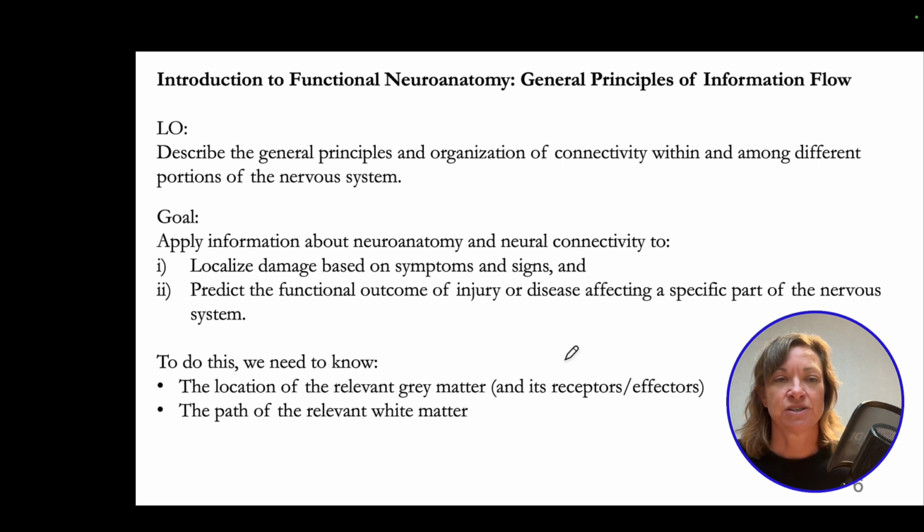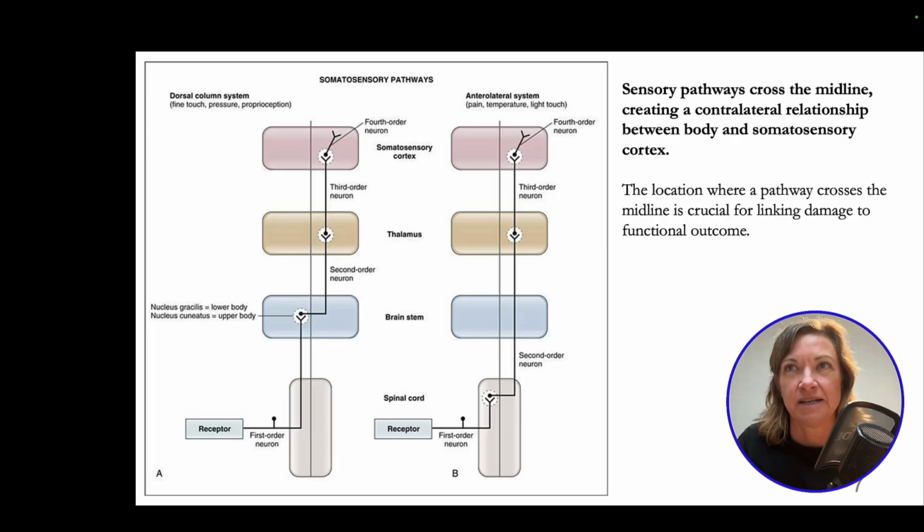And to do this, we need to know two crucial things. The first is the location of the relevant gray matter and receptors and effectors. And the second is the path of the white matter that connects the central gray matter to the receptors and effectors. And if we know those things, we can do a lot of interesting stuff diagnostically.